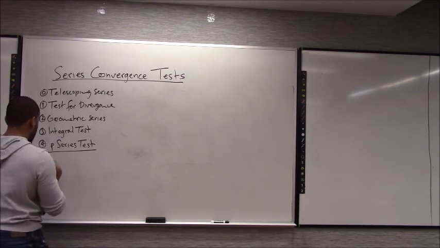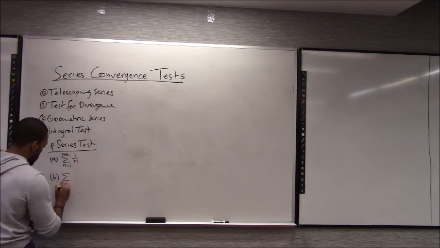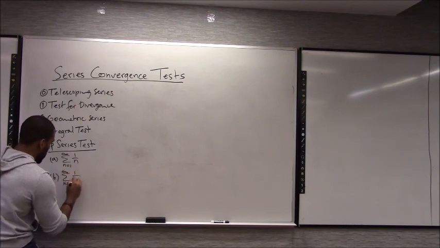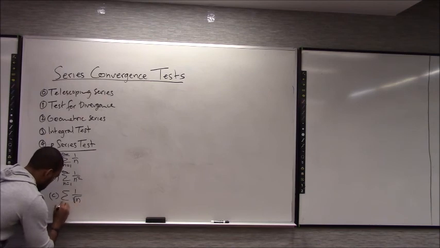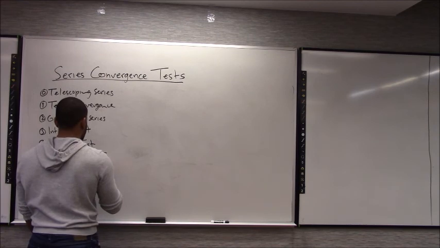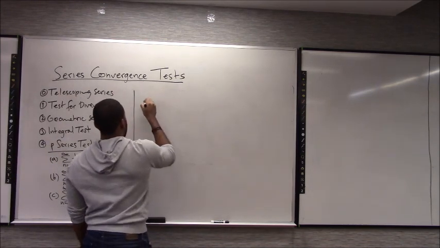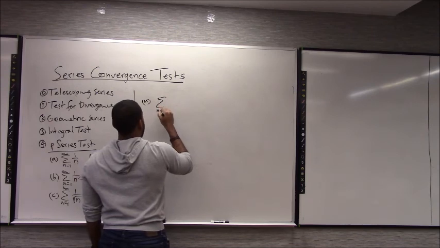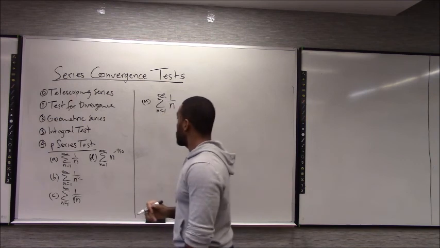We had a few examples, a couple we've seen before. I just want you to look at them in a different light. Okay, so A. What can you tell me about this one?